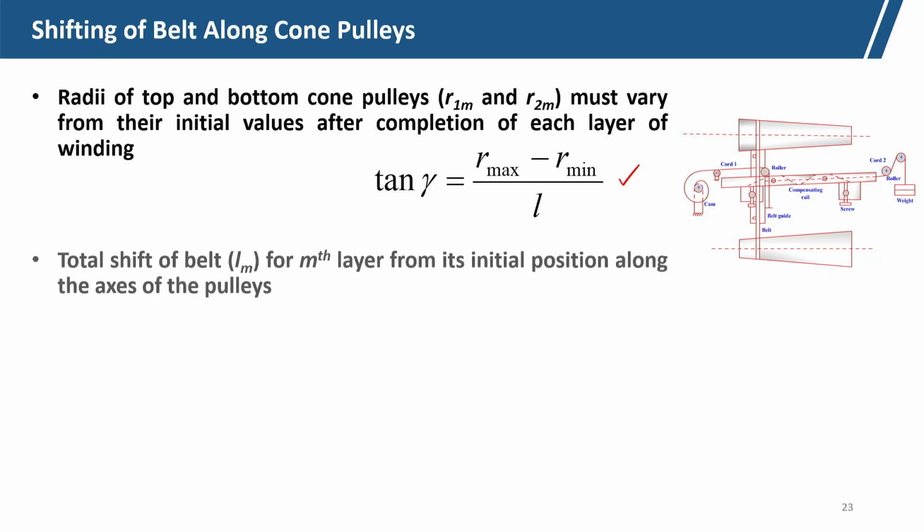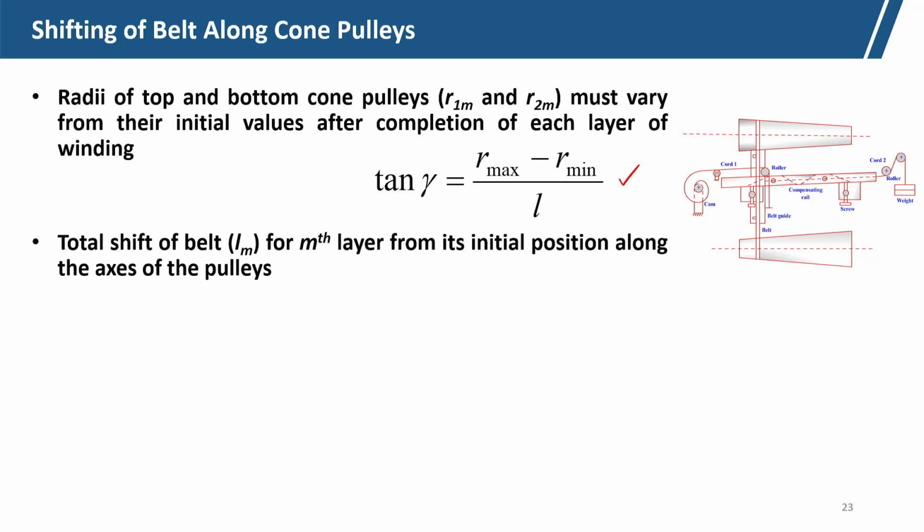So, the total shift of the belt is Lm for the mth layer. For the first layer it is L1, for the second layer L2, and for the mth layer the general Lm, because gradually it will shift from the initial position along the axis of the pulley.